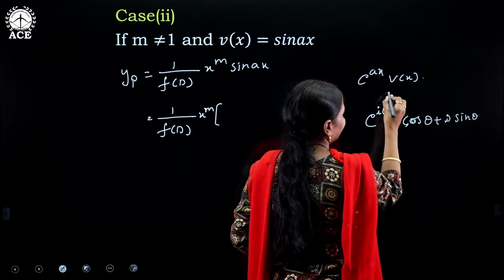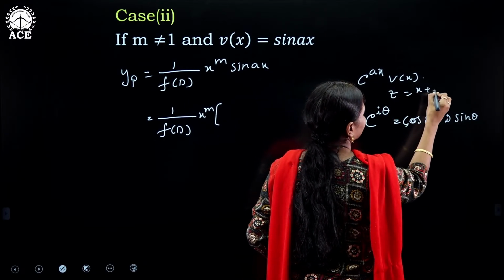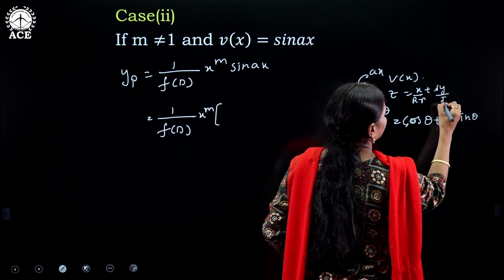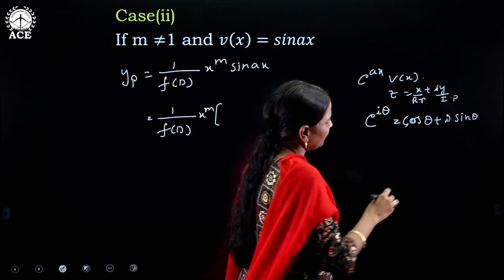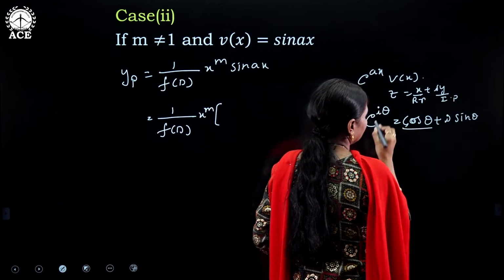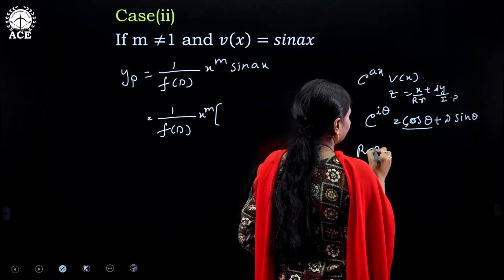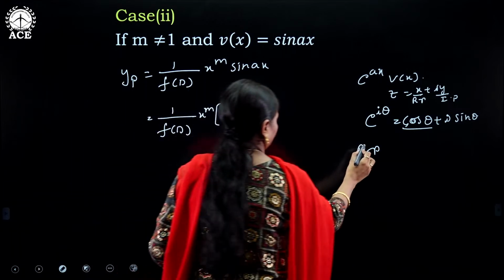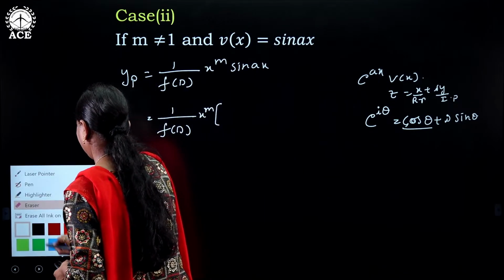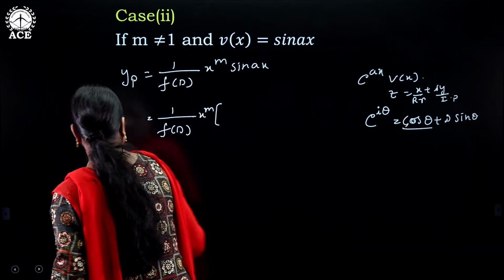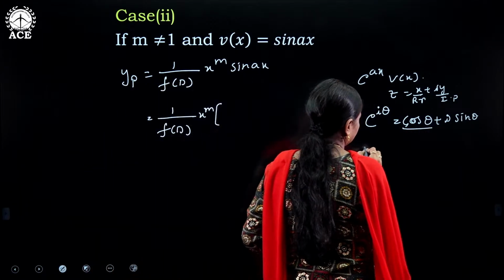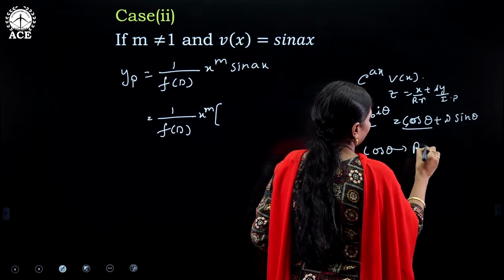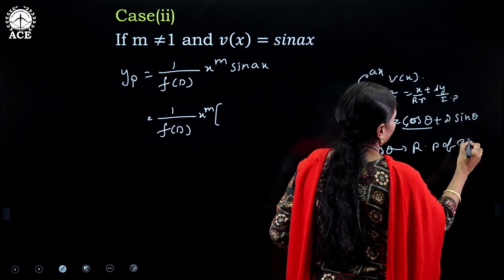Now we know that in a complex number z equal to x plus iy, the first part is called the real part, the second part is called the imaginary part. Here cos theta is the real part, so cos theta is the real part of e power i theta.